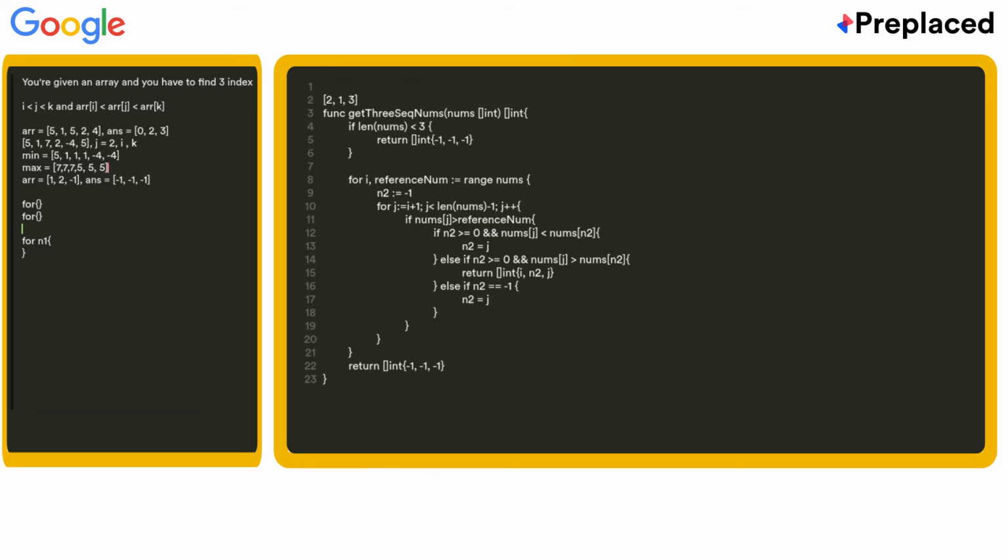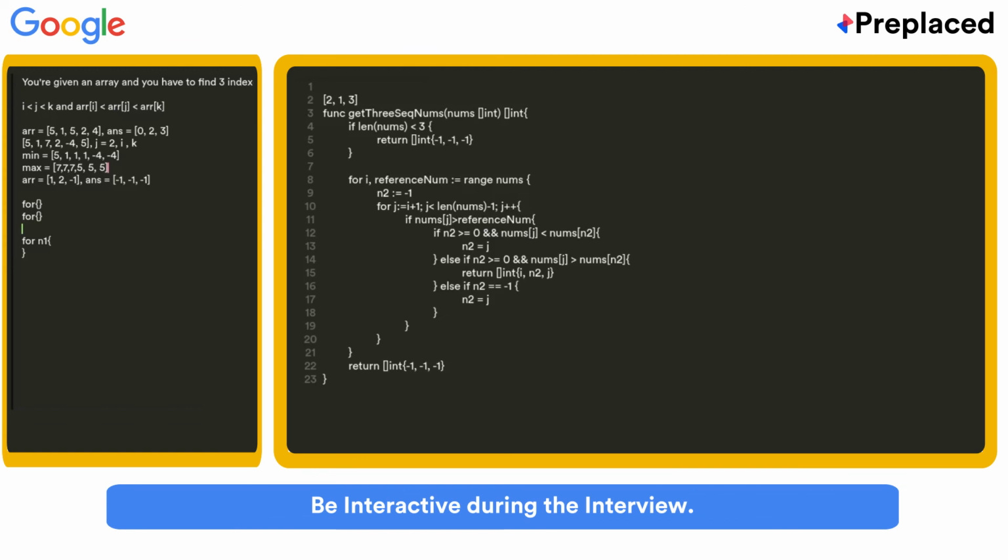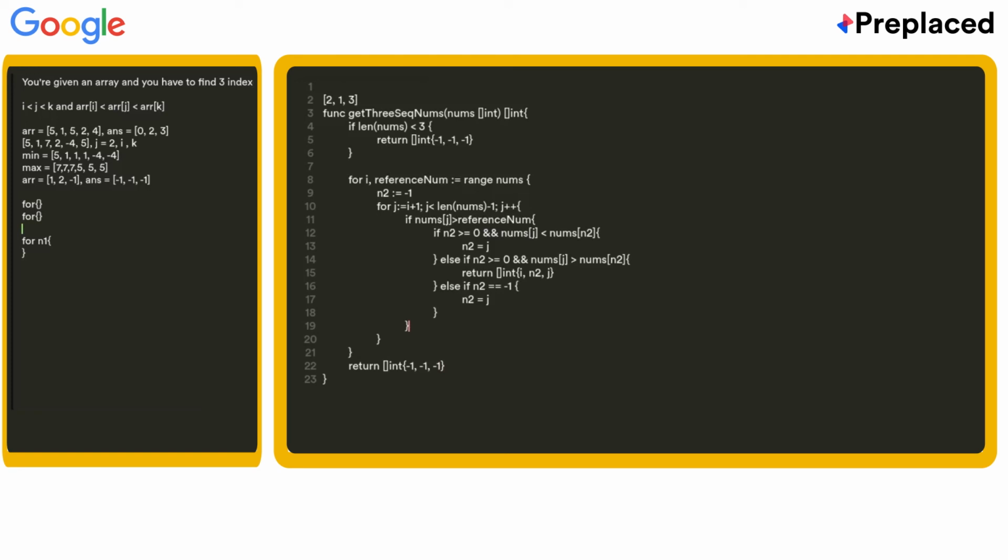Overall, my feedback would be that the communication part was kind of good. You communicated your thought process throughout the interview, and the code that you wrote had some minor bugs here and there. The thing is that you can have a lot of bugs, and the interviewer will point them out, but that will only waste your time.